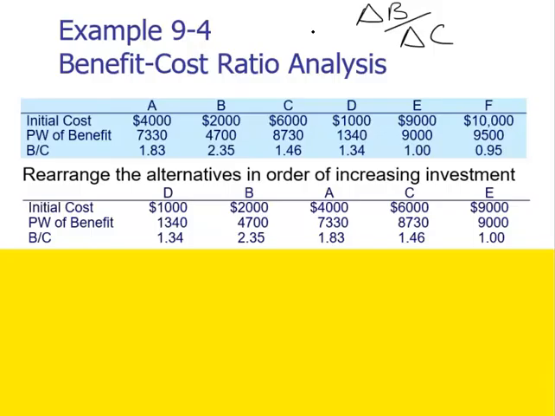Okay, so here it is the sorted one. And as you can see now, here we have 5 options. F has been crossed out because benefit over cost for F is smaller than 1.